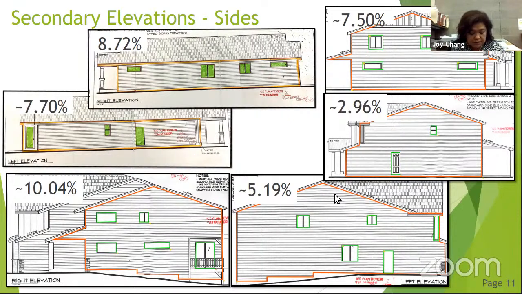Further discussion is still needed tonight if there are going to be additional design elements that we're going to be requiring for these secondary elevations, like the primary elevations. So we will definitely continue that conversation in a second.